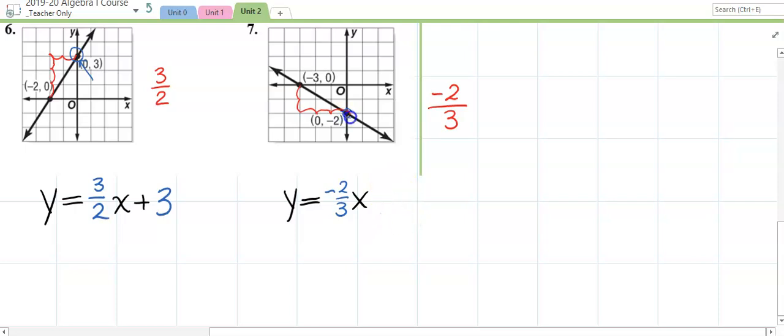It's right here at the point negative 2. If you were just given the 2 points, you could still accomplish this problem even if you didn't have a picture. Because remember, we can compute the slope from 2 points.